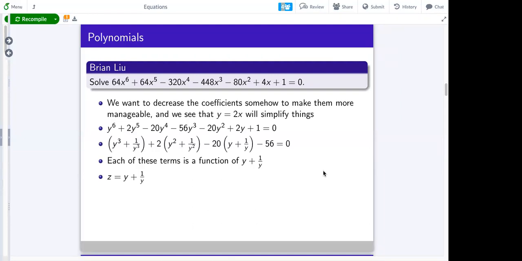So we make the substitution, and if we make z equals y plus 1 over y, we get that this equation is true. Do you guys see where each of those terms came from?